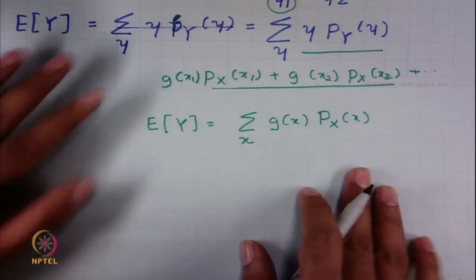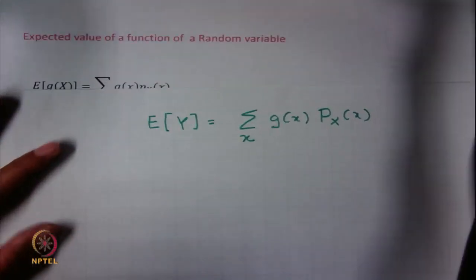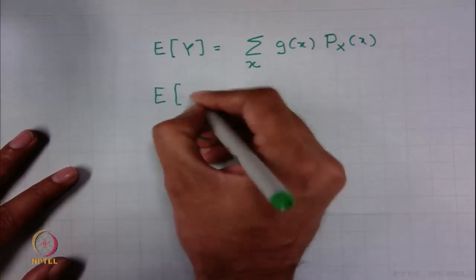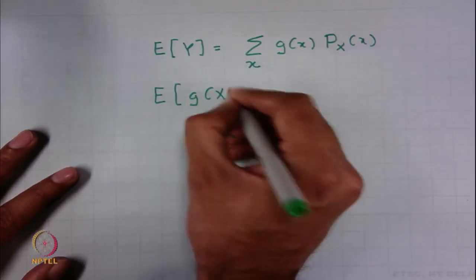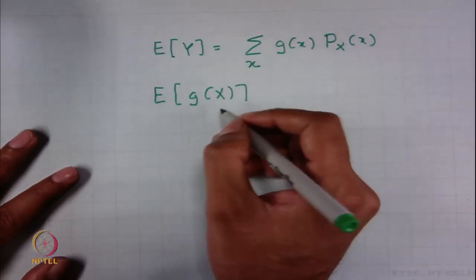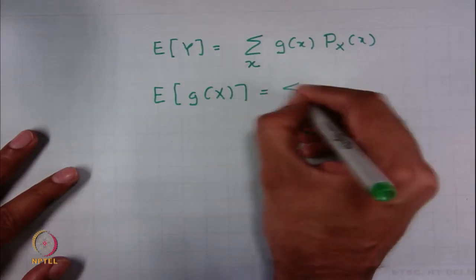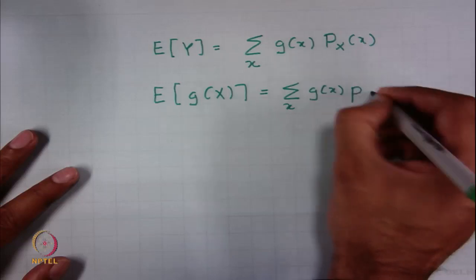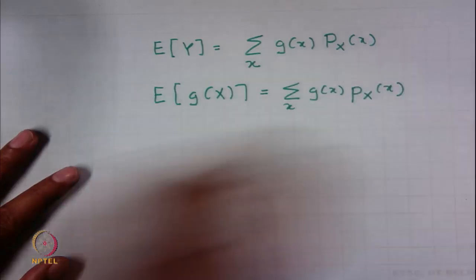So finally we have concluded that the expected value of g of X, remember Y was g of X, is nothing but the summation over x of g of x into p X of x.